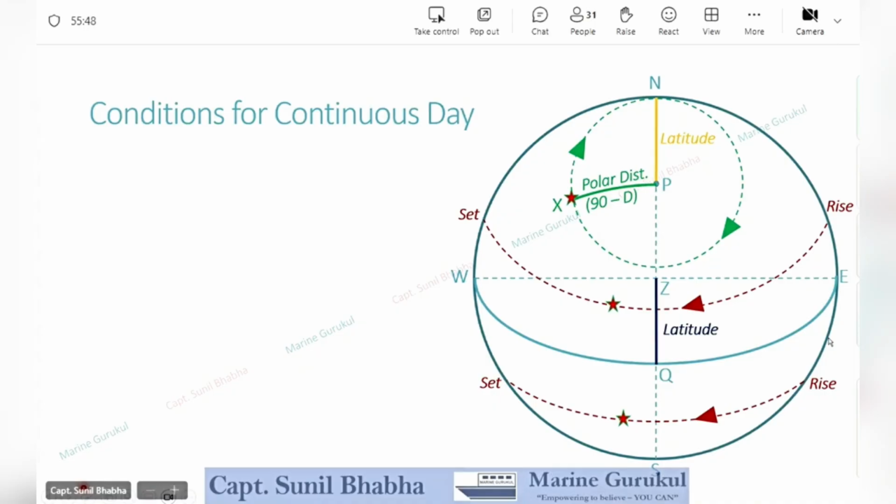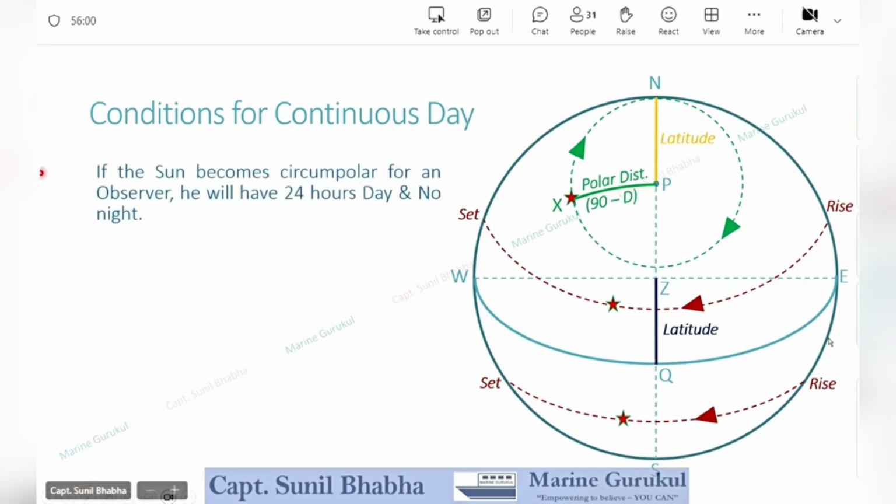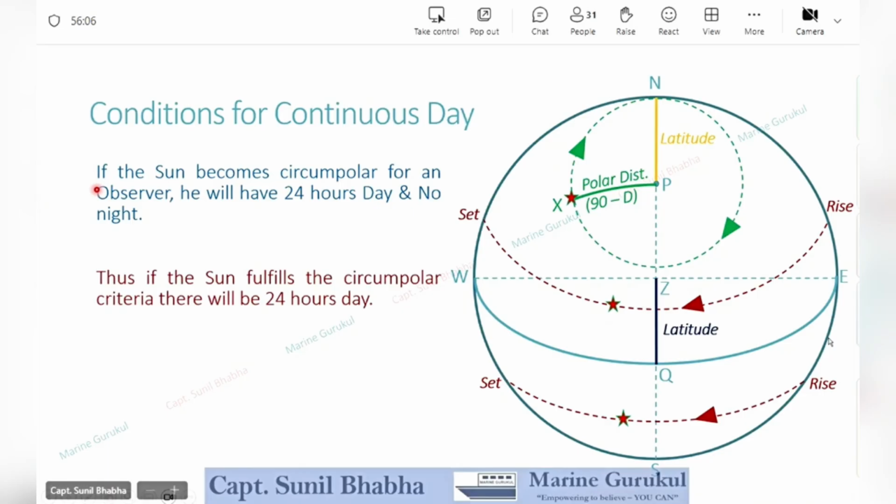This will result into what we call a continuous day or a 24 hours day. In some of the questions, this concept of continuous day or a 24-hour day is used. So in these type of questions, we should be aware that if the sun becomes circumpolar for an observer, he will have 24 hours daytime and no night.